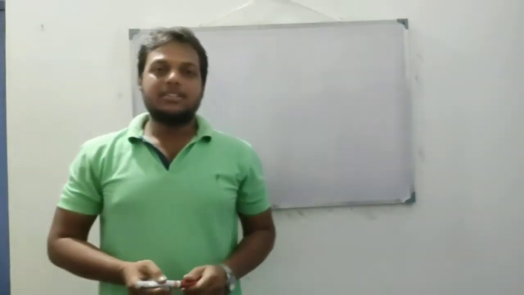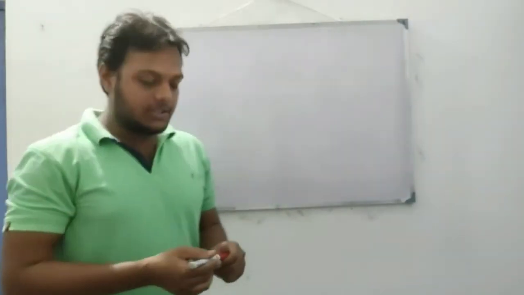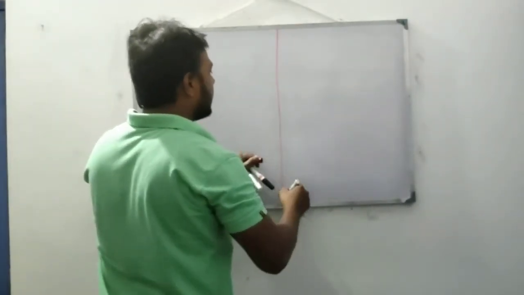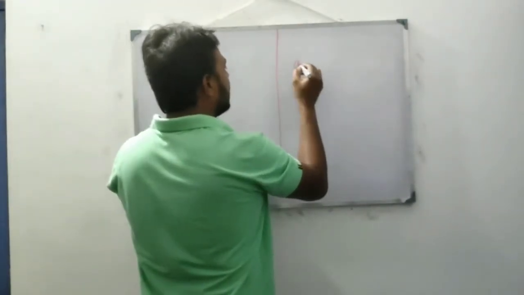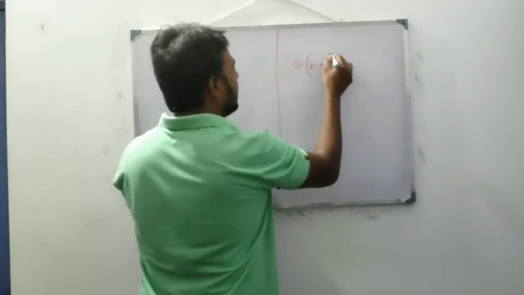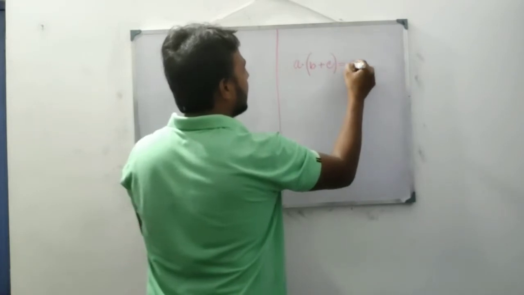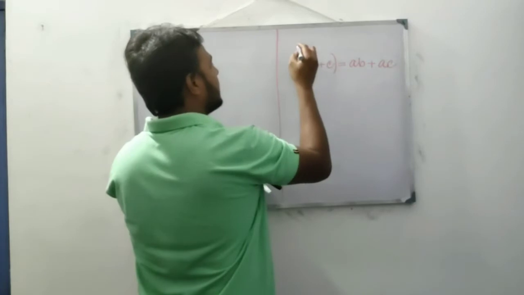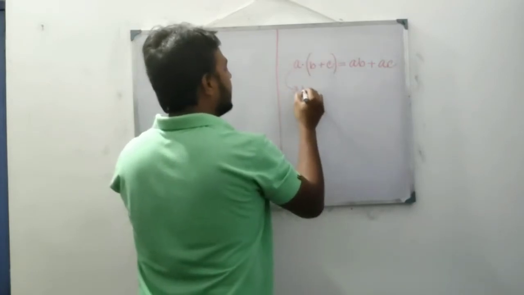Okay. Next property is the distributive property. So what is the distributive property? In your previous concept, the distributive property was, suppose A dot (B plus C) can be written as AB plus AC. This is known as the distributive property.